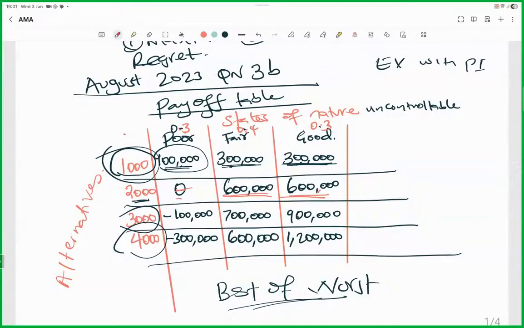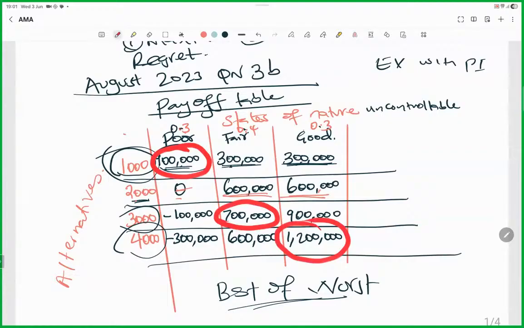If it is poor, I go for 100,000. What if he tells me it is fair? 700,000, the very highest. What if he tells me it is good? We go for 1.2 million.